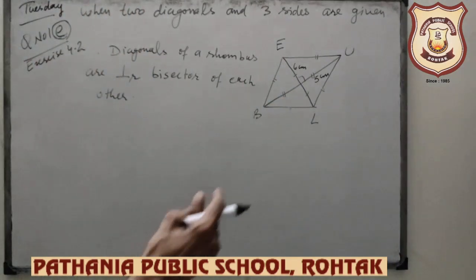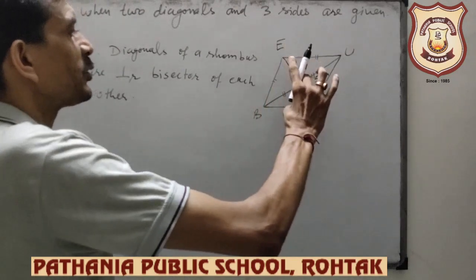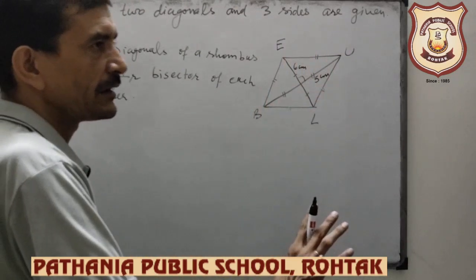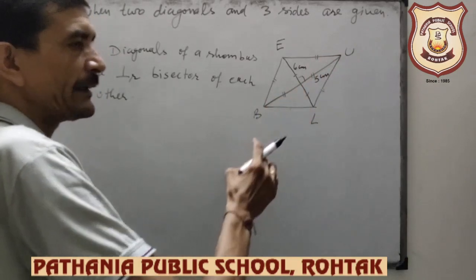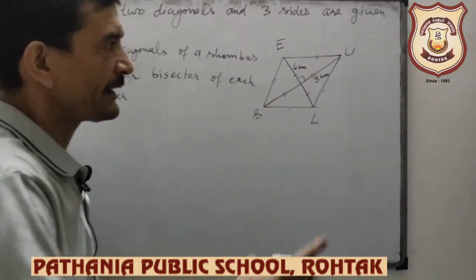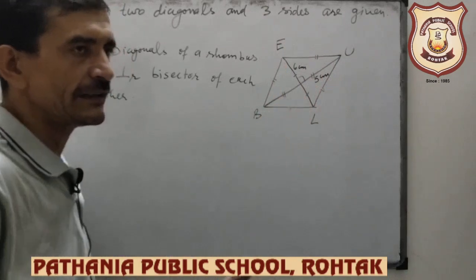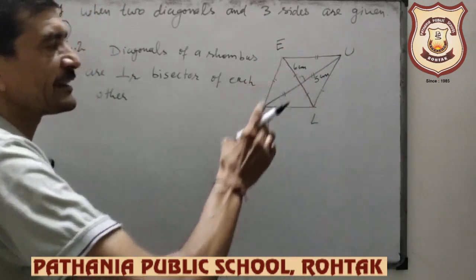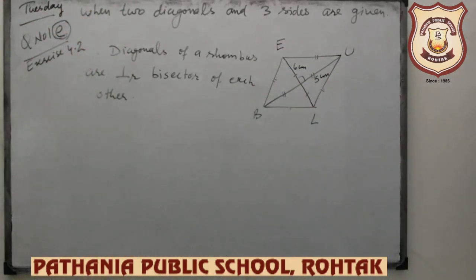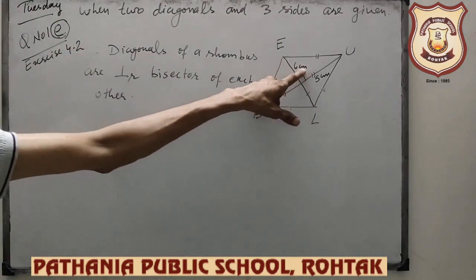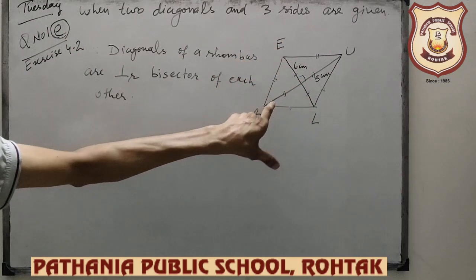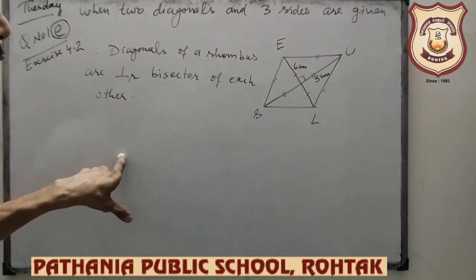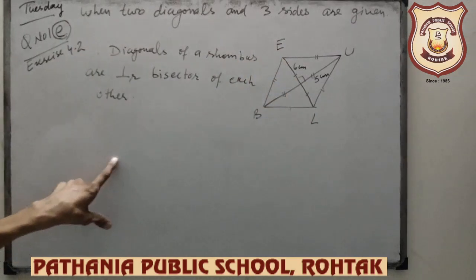Take care of this thing, which is easily in 2 parts without decimal. What is the half of 5? 2.5. What is the half of 6? 3. So if any one diagonal is like this, in a complete number, an integer, don't take that, don't draw that on the first line.